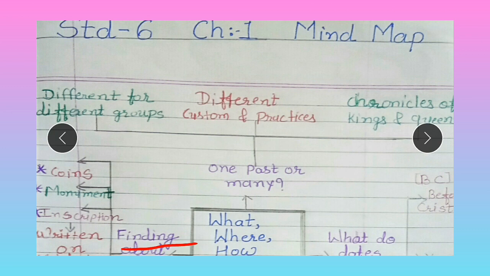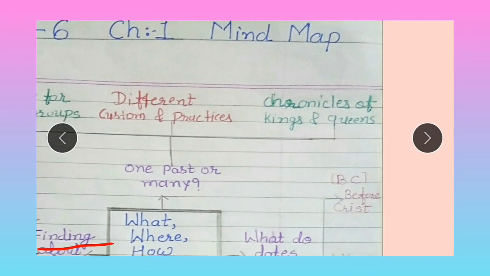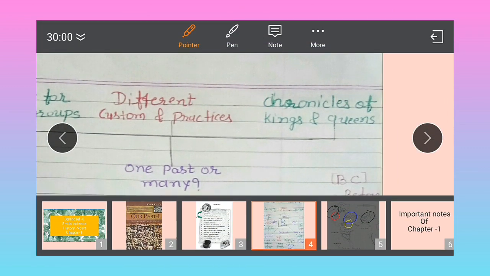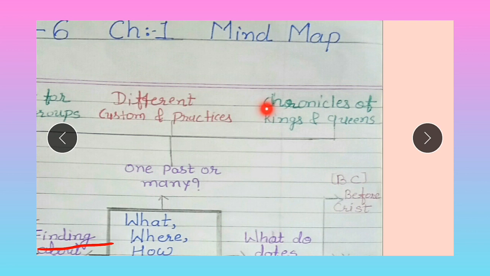Every person, every group, has their own past and their own customs and practices. Chronicles of the kings, the battles kings won, the incidents that happened in a king's life, are also about the past, and from them we can also know. That is why it is called one past or many.